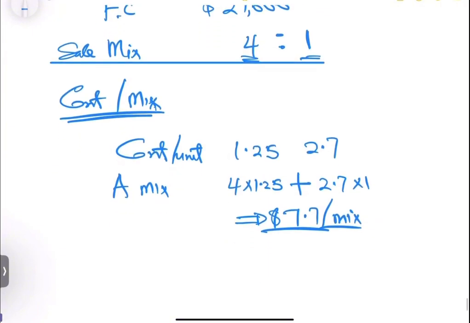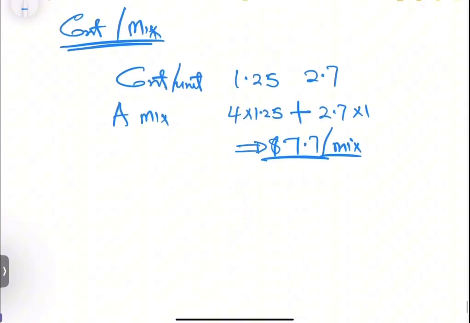Good. So we know the contribution per mix now, which is the same approach that we used last time, to say at break even. One thing we know for sure is that the contribution must always be equal to the fixed cost.